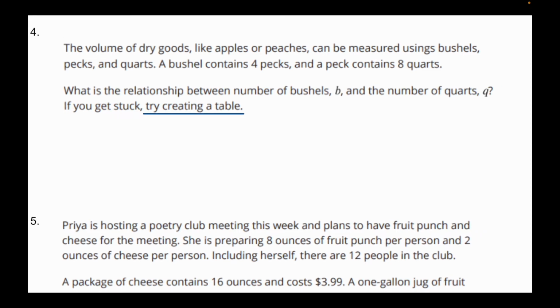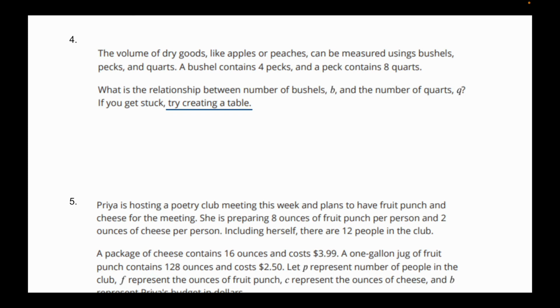For the volume of dry goods like apples or peaches, we can measure it using bushels, pecks, and quarts. 1 bushel contains 4 pecks, and a peck contains 4 quarts. Even though it is tempting to say that B is bushels and that's equal to 4 pecks, that's not quite true.